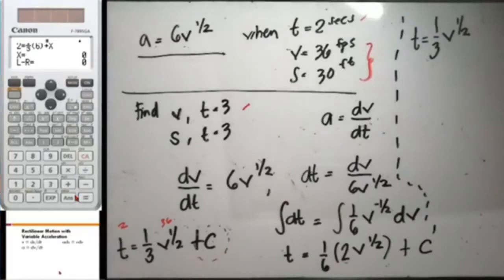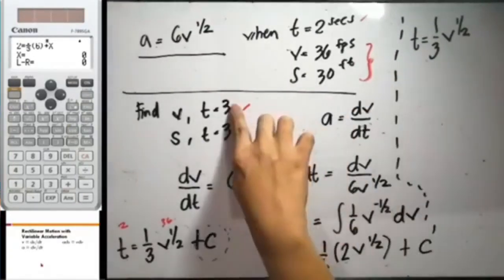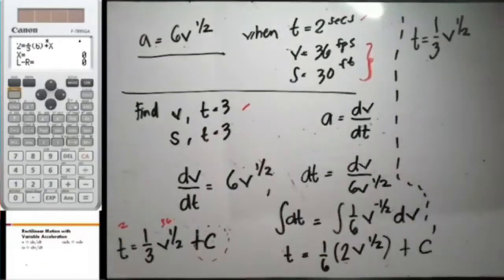Okay, so, pwede natin isolve yan. Okay? When time equals 3 seconds, ano raw yung velocity? Eh, di solve natin. 3 equals 1/3 ng velocity raised to 1/2.